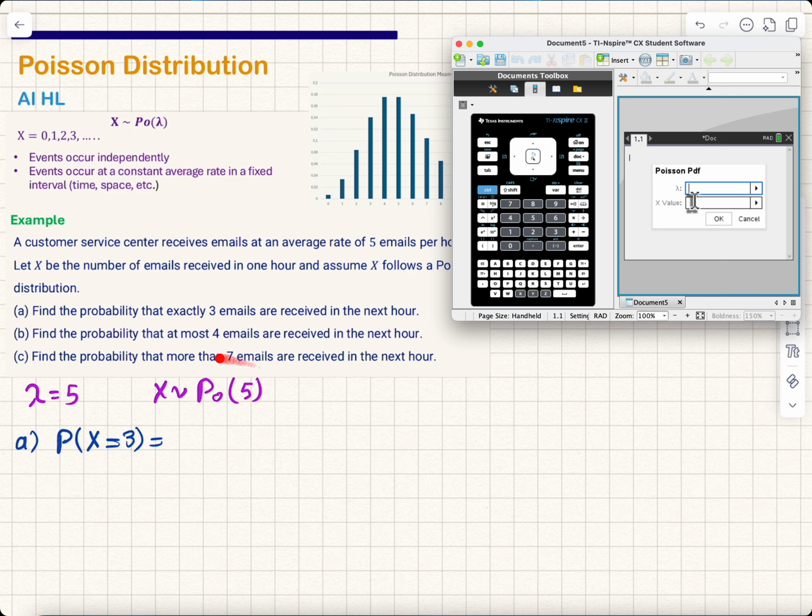Lambda, or the mean in our example here, is 5, and x, as you see, 3. So here we have 5, and then here we have 3. Then, as you see, the probability is 0.140. The probability to receive 3 emails in 1 hour would be 0.14.